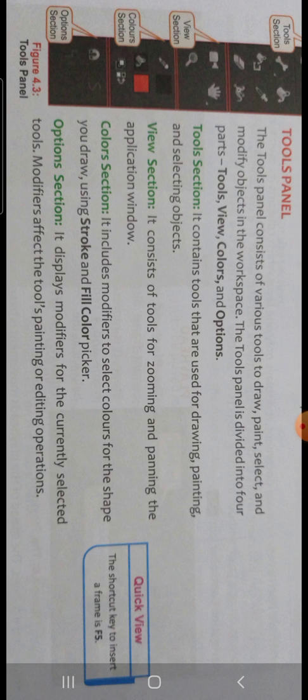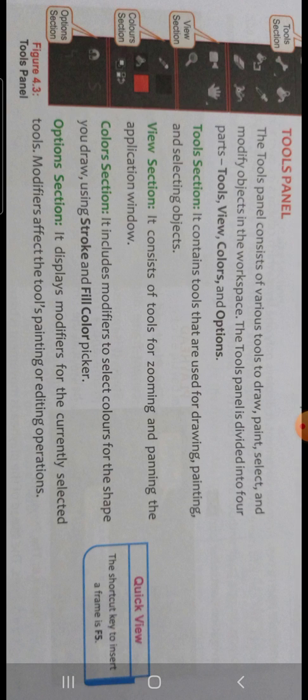Zooming means we can resize the image, that is, we can reduce or increase the size of the images. And panning means scrolling. We scroll the screen, that is, we can make the screen shift down or up.